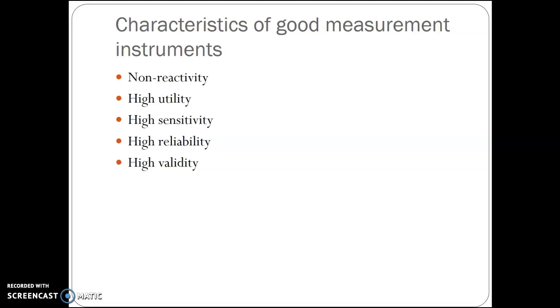High utility. You have to put yourself in the perspective of both the researcher and the participant, in terms of thinking about what's useful. Utility is synonymous with usefulness, right? You want an instrument that's useful. So for the researcher, some practical considerations might be, is it easy to score?